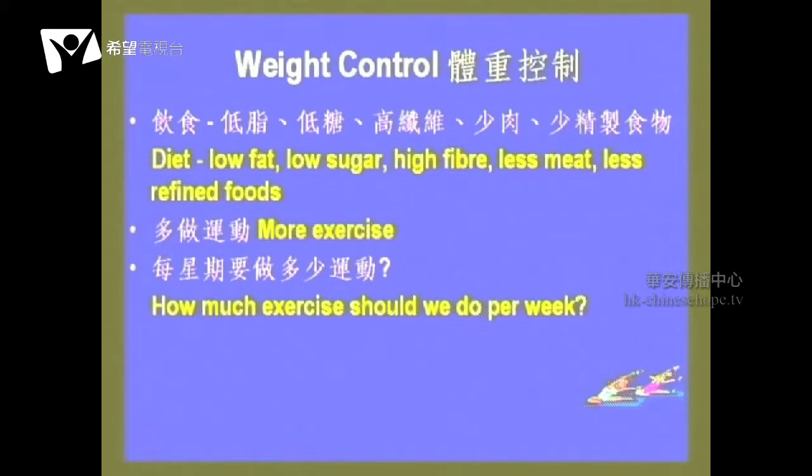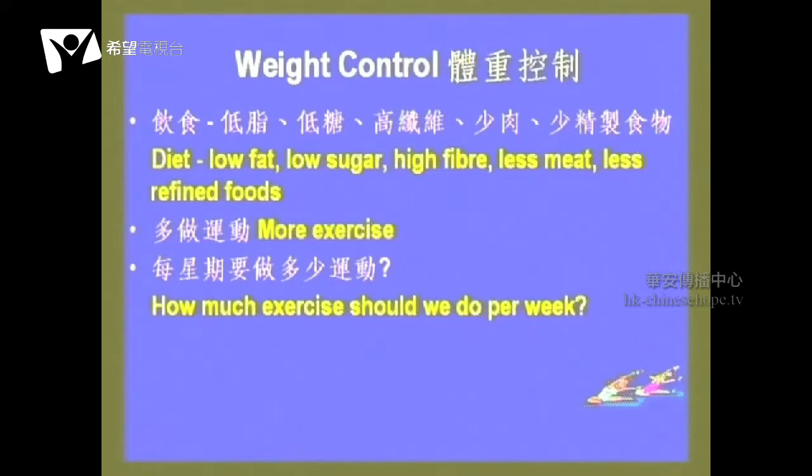So a diet low in fat, low in sugar, high in fiber, less meat, less refined foods.